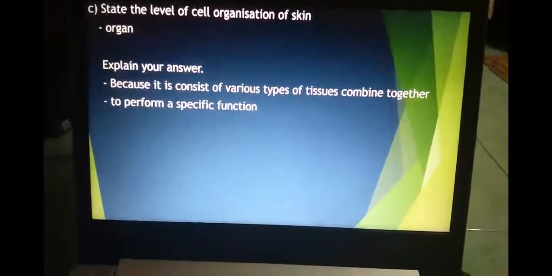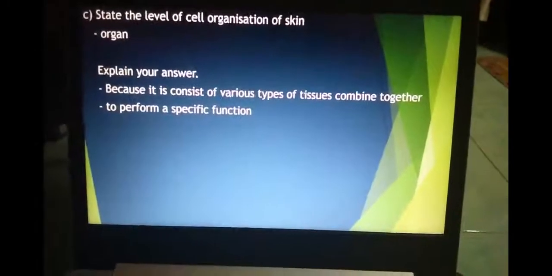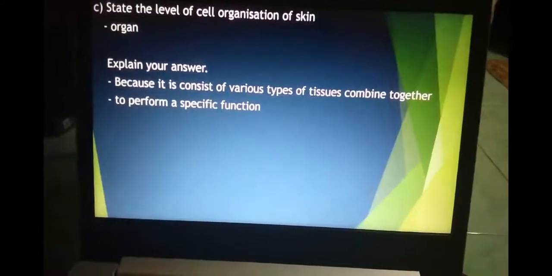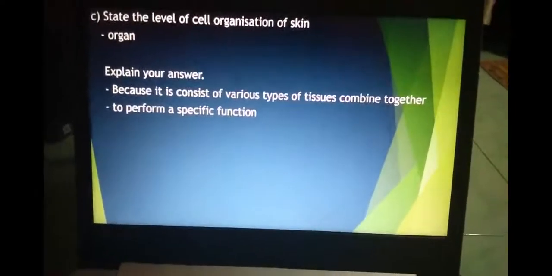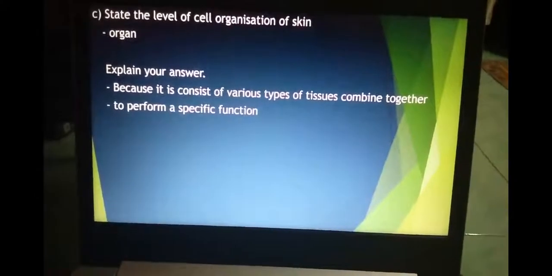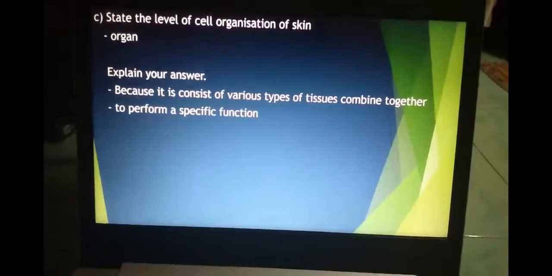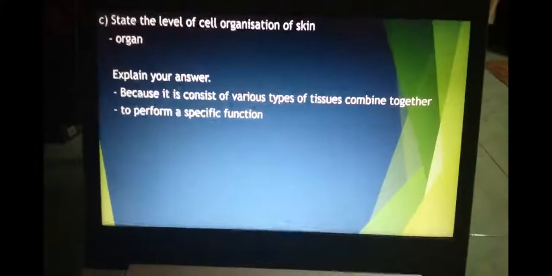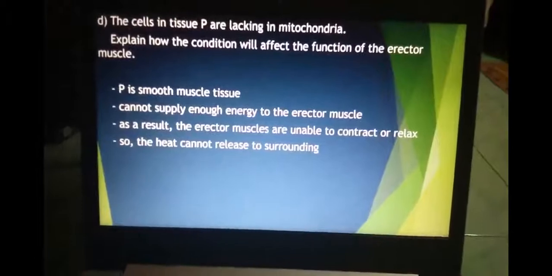My second point is to perform a specific function. You can put examples too, such as the skin is combined with tissues such as epithelial tissue and connective tissue. So we move to question D.